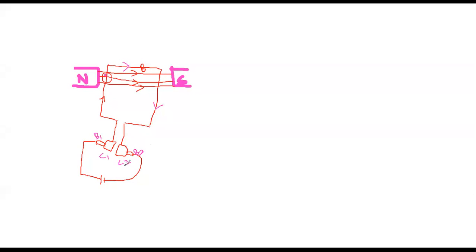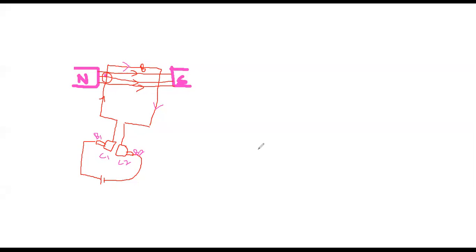Now I want to know the direction of the force. We know the direction of flux density and the direction of current. The principle says that when a conductor is placed in a magnetic field, it will experience a force. So what is the direction of the force?